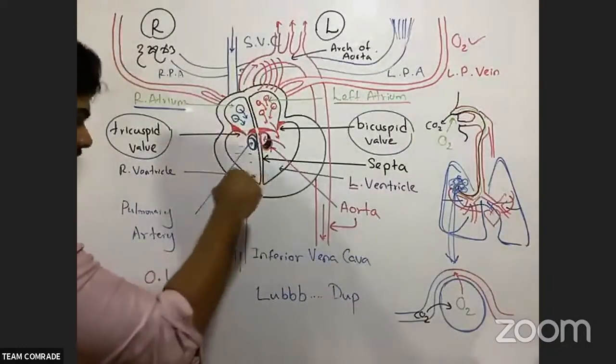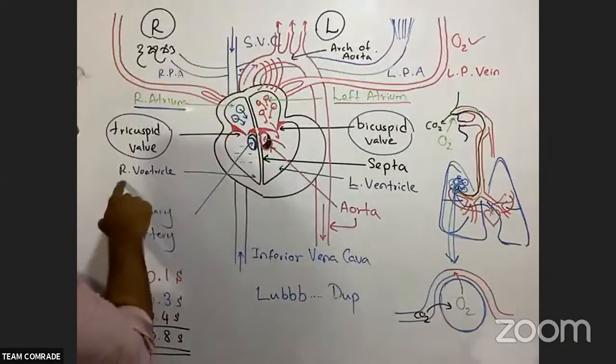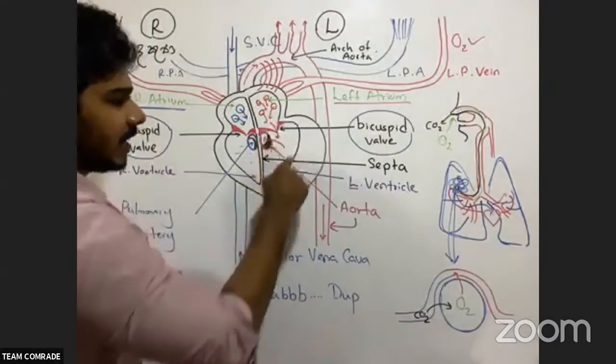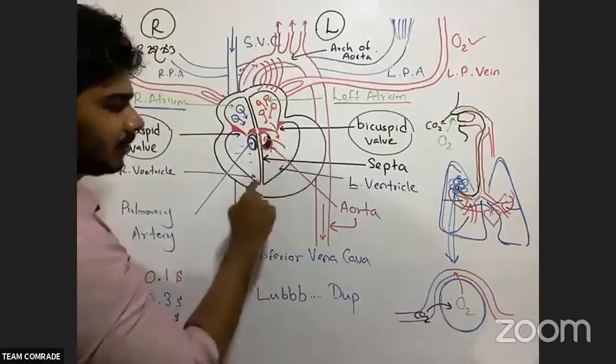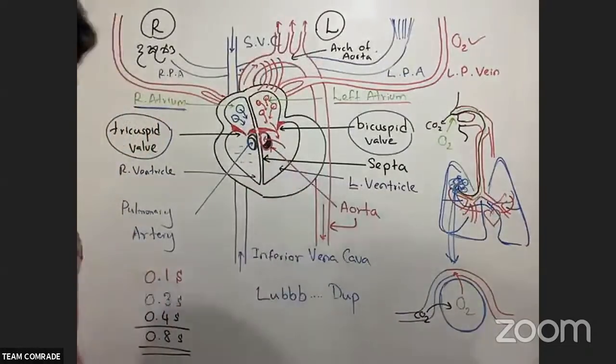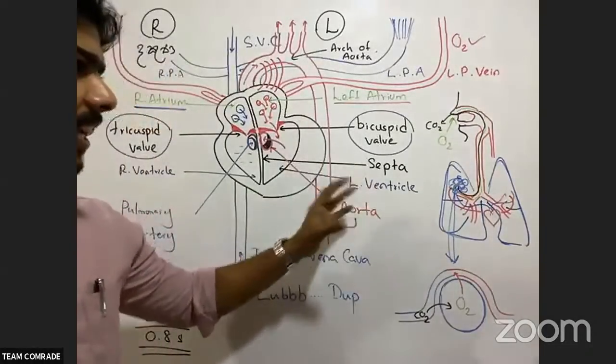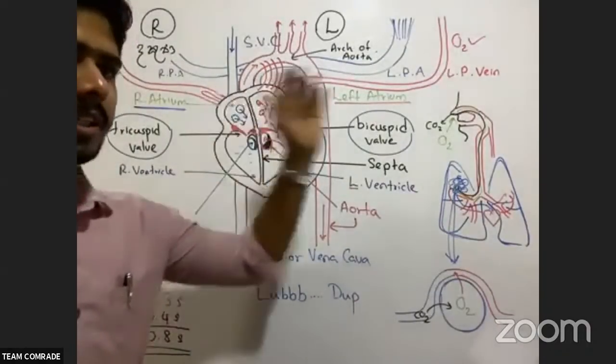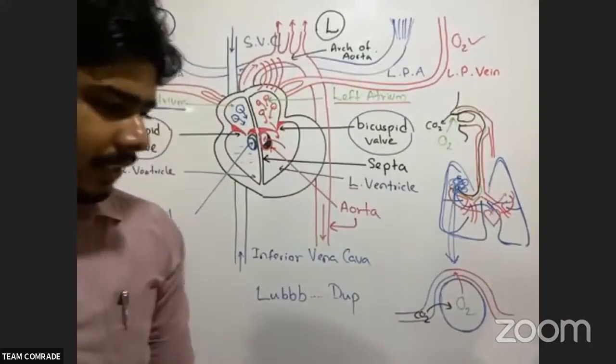The main artery connected to the right ventricle we call the pulmonary artery. The main artery connected to the left ventricle we call the aorta. So the aorta is taking oxygenated blood, while the pulmonary artery is taking deoxygenated blood.